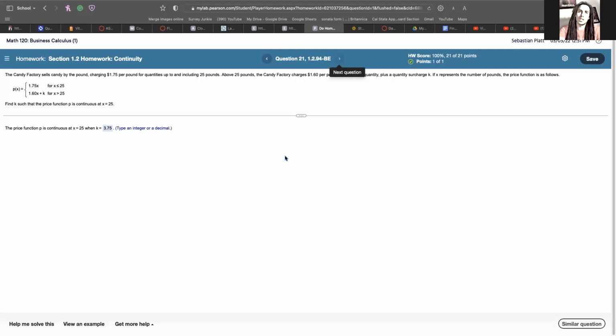As for the last problem here, it says that the candy factory sells candy by the pound, charging $1.75 per pound for quantities up to and including 25 pounds. Above 25 pounds, the factory charges $1.60 per pound plus a quantity surcharge K. If x represents the number of pounds, the price function is as follows.